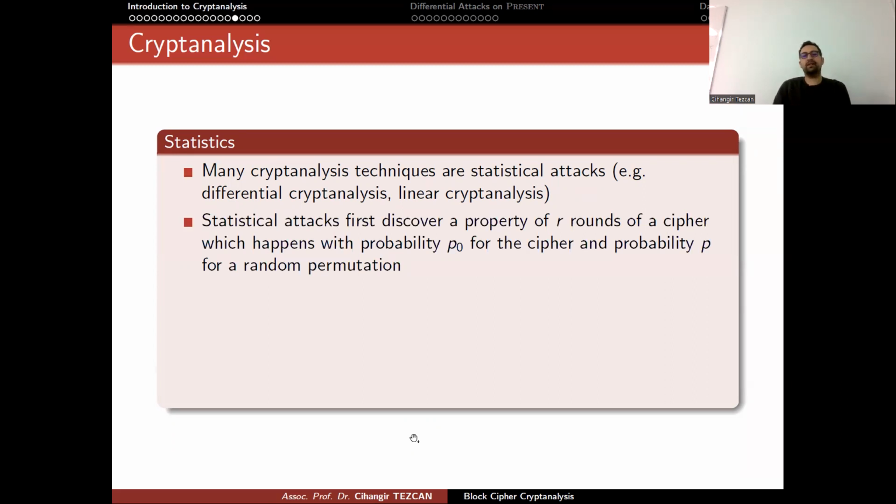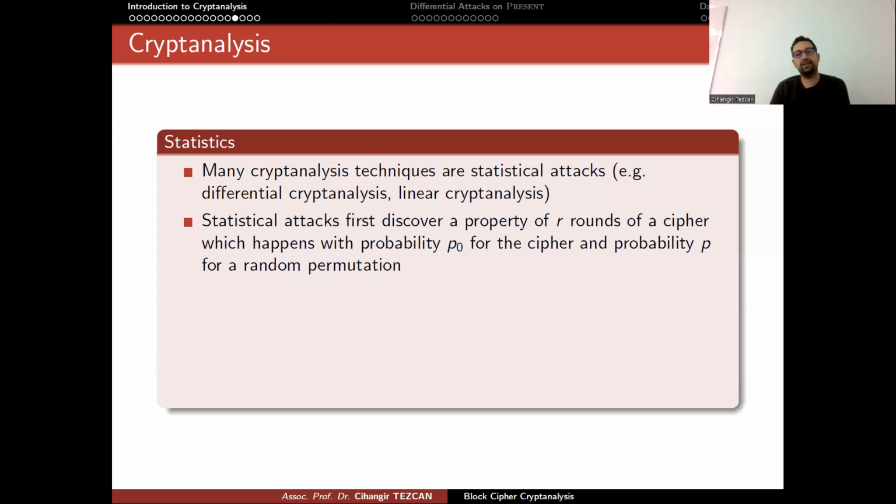Statistical attacks first discover a property of R rounds of a cipher. So actually you try to discover an R-round distinguisher. You assume that the cipher, for instance, AES is 10 rounds, but if you can come up with a 5-round distinguisher for AES, then you can use it to attack 6 rounds or 7 rounds. So this is the idea.